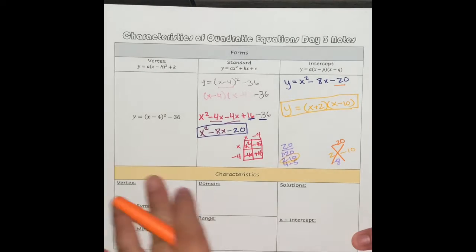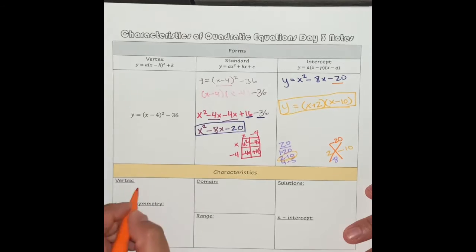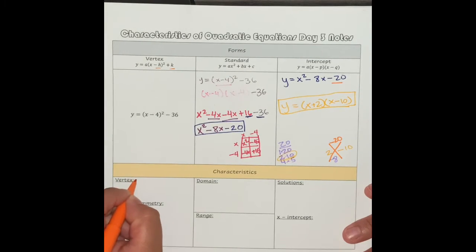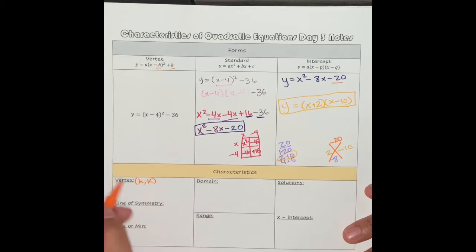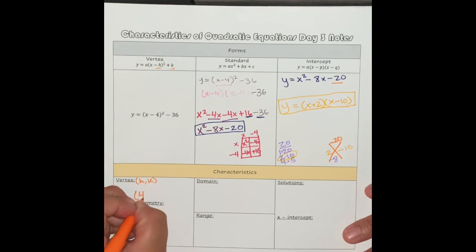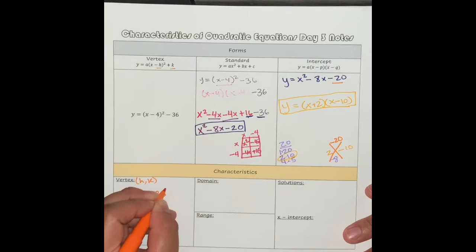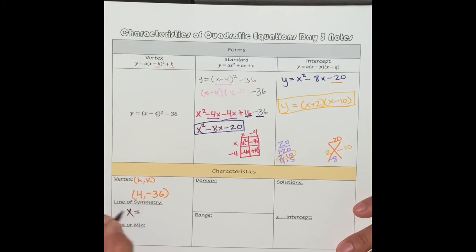Now, to find our characteristics, we have the vertex, which is our h and our k. Our h is the opposite, where our k stays the same. In this case, it's negative 4, so this is going to change to positive 4, and this negative 36 stays the same. Our line of symmetry is just our x value for our vertex.